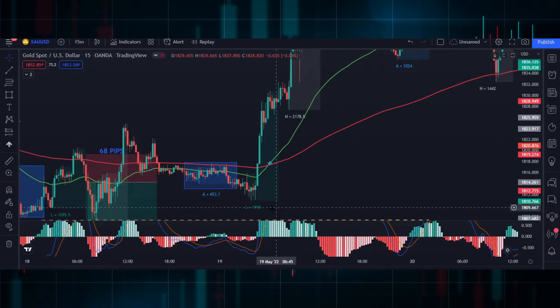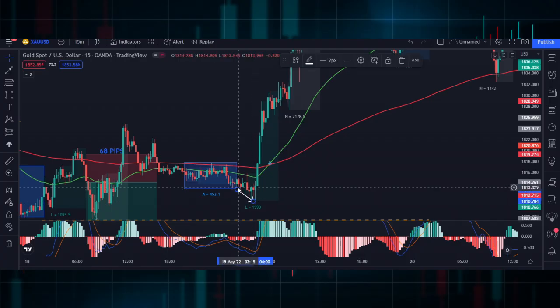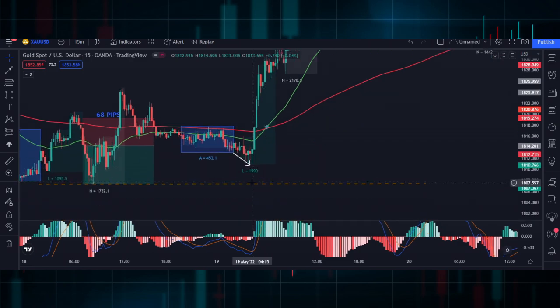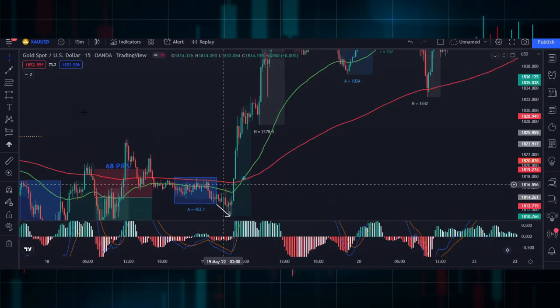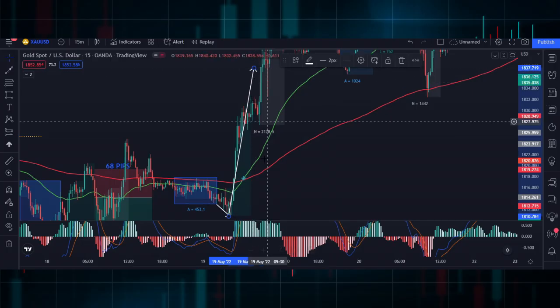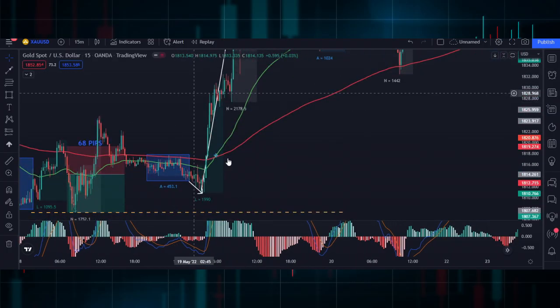Okay, as you can see, price dropped. Well, in this case, we're supposed to be looking for sells, because after the end of the Asian session box, the 200 EMA is still over the 50 EMA, but price dropped below the Asian session box and came very close to the previous day's low, less than 30 pips away, before going up again for an entry.